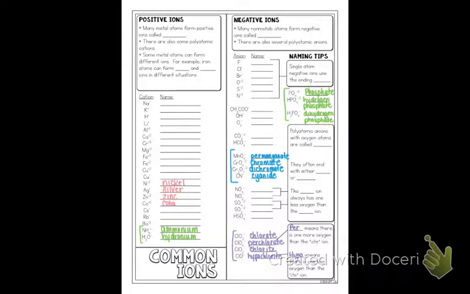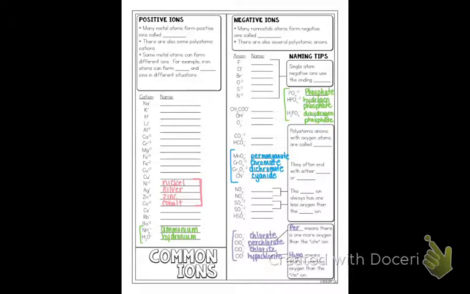And these you kind of just have to remember that they're in that transition area, but they have the same charge all the time. So these are exceptions to the rule, okay? So you kind of have to remember those.